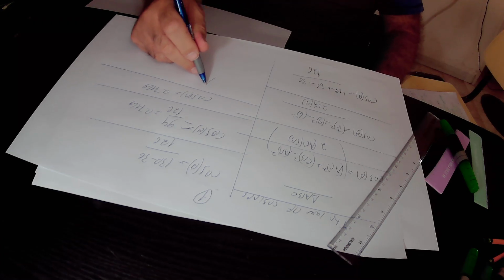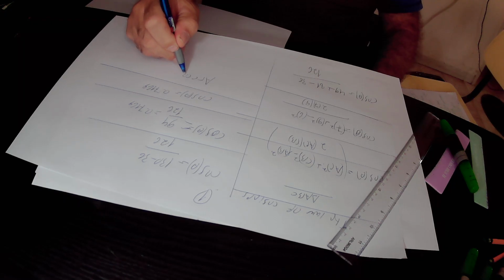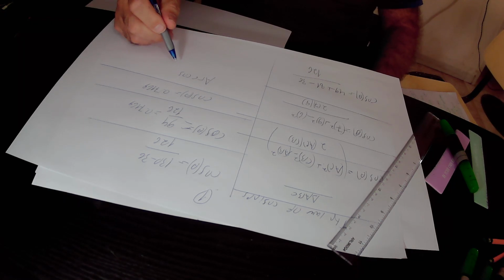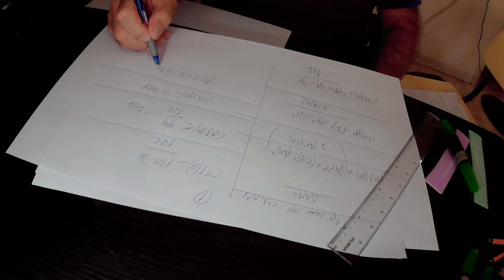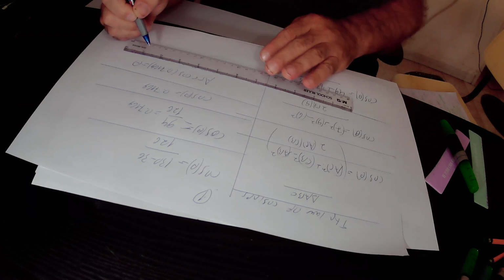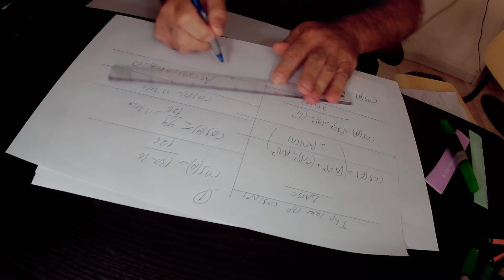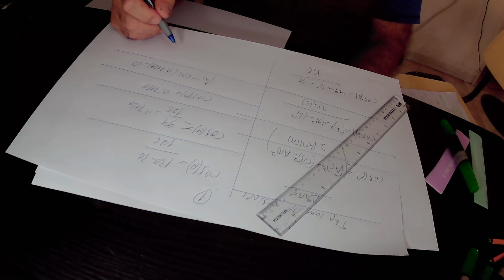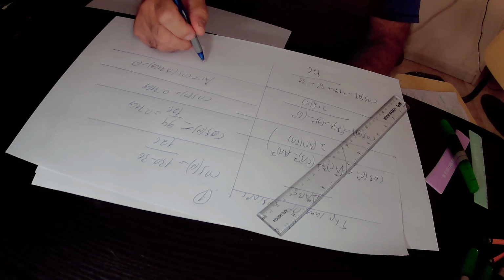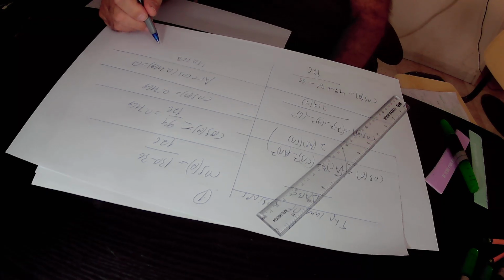So arccosine of 0.7169 equals 40.368 degrees, and it is equal to theta.